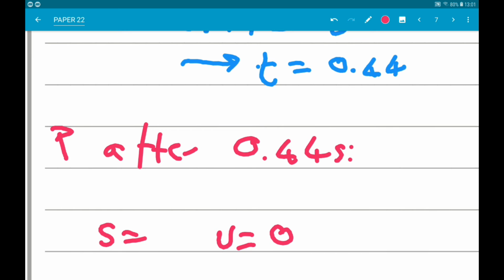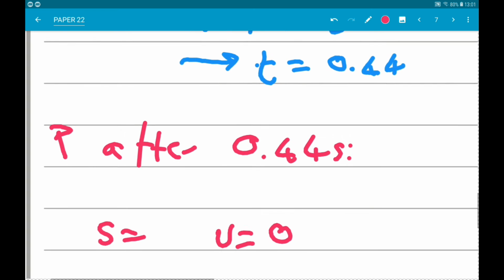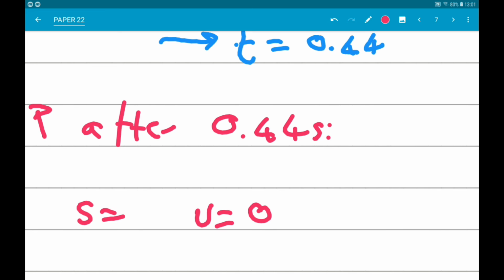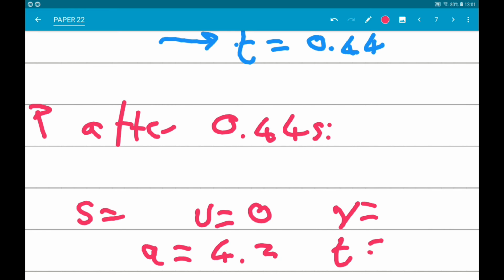We don't know v, well no, we do care about v, so we'll have v as an unknown. We know its acceleration is 4.2, and t is 0.44. Okay, so again, we're going to use s equals ut plus 1/2 at squared.